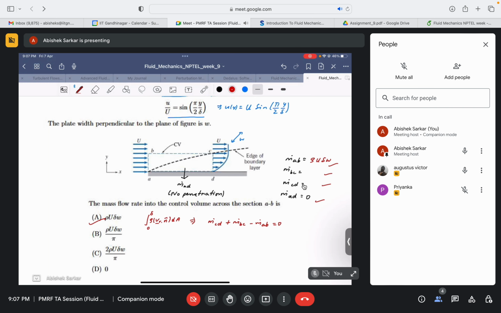Similar to the pipe flow case, the exit CD has a given velocity profile, so you need to do the proper integration, choose the limits wisely.